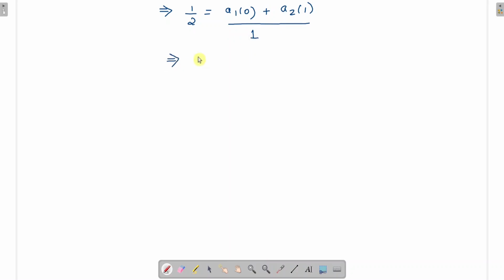This implies half equals a2. So we got a1 and a2 here.